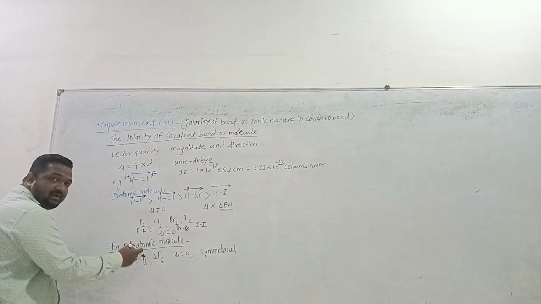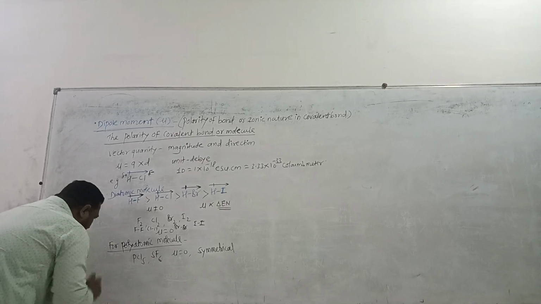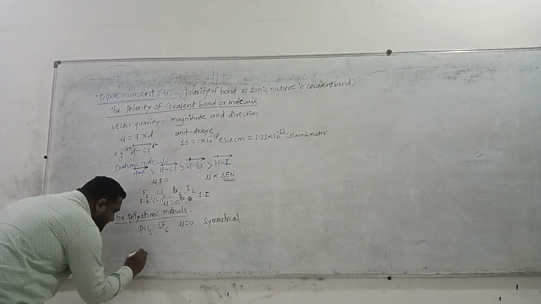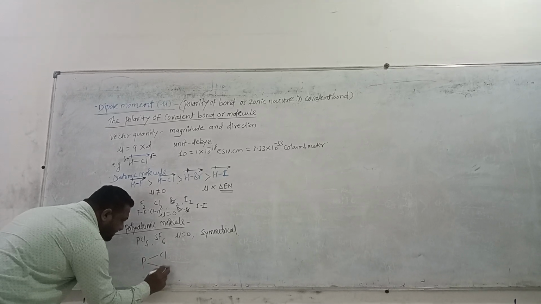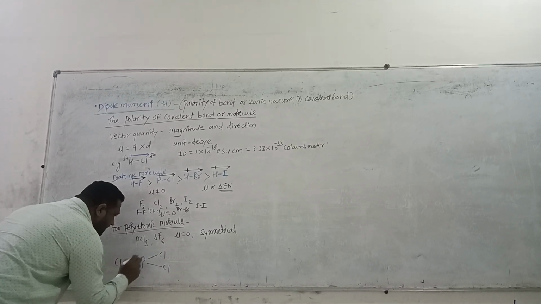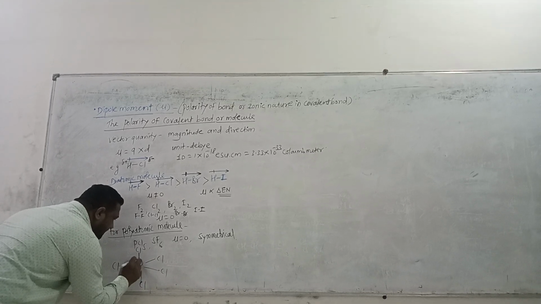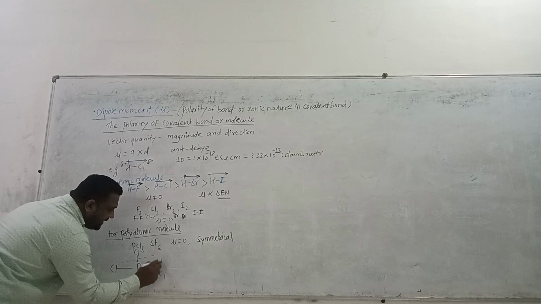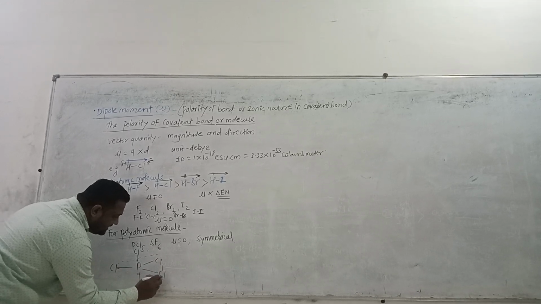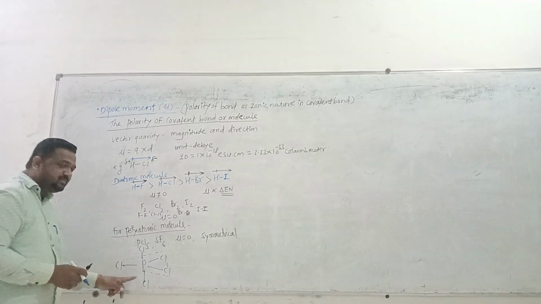PCl5 has phosphorus with three chlorine bonds in equatorial positions and two chlorine bonds in axial positions. The geometry of PCl5 is trigonal bipyramidal, with sp3d hybridization.